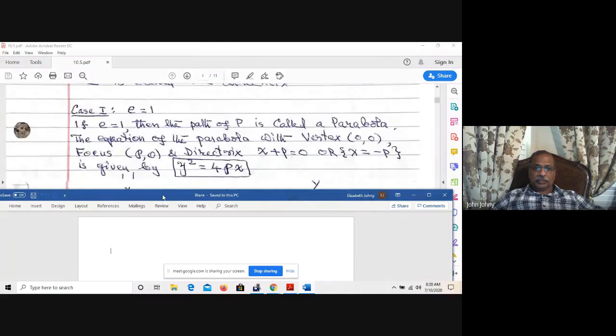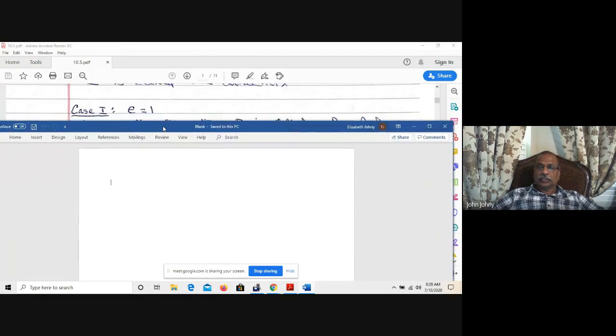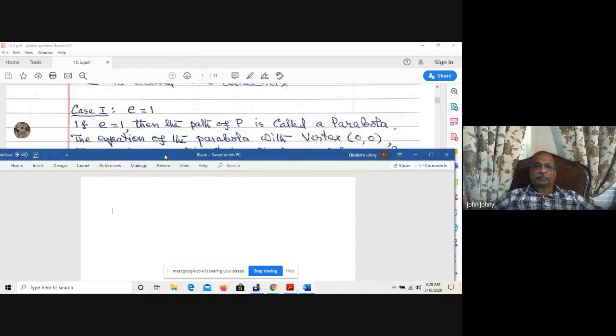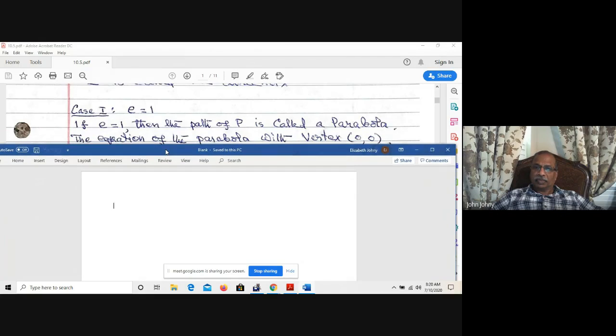Case 1, E is equal to 1. Eccentricity is equal to 1. If E is equal to 1, then the path of P is called a parabola. The equation of the parabola with vertex 0, 0, you learned this in your pre-calculus.